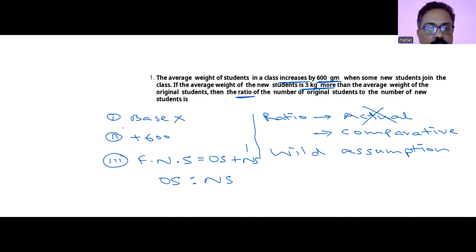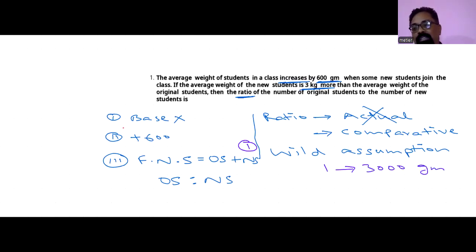So let me write it down in some different color, then it will be more clear to you. Let it be 1 here. Means one student, he is contributing 3 kg, means 3000 gram extra. Now, when we divide this extra 3000 gram among the final number of students, each one is getting 600 gram.